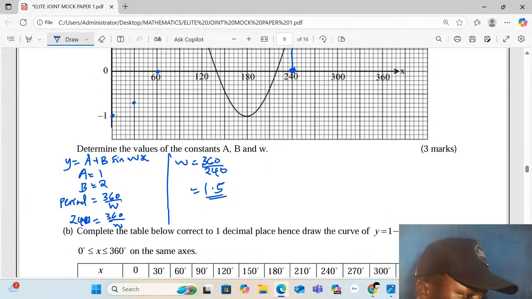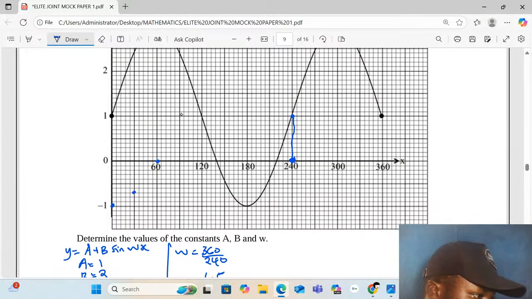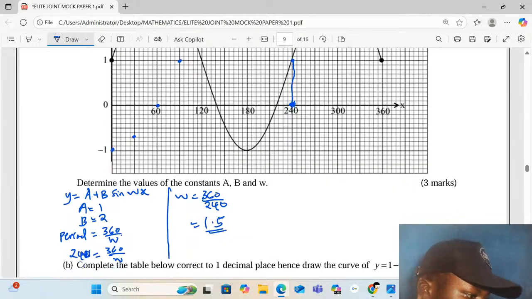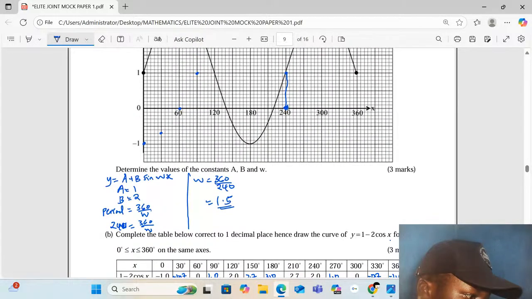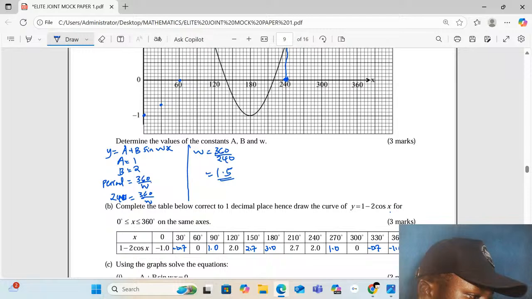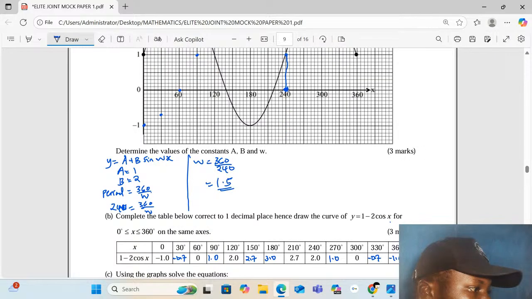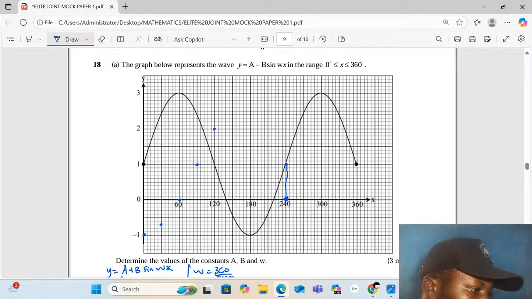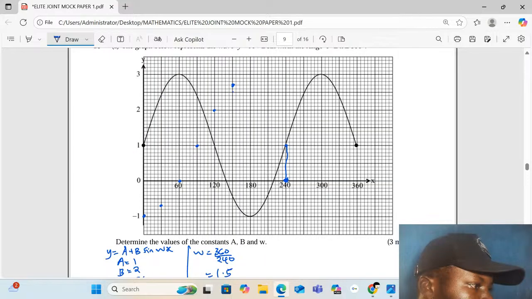Next is 90, 1. 90 is here, so 1 is somewhere there. Then after 90, we have 120, we have 2 here. 150, 2.7. 180, 3.0 here.